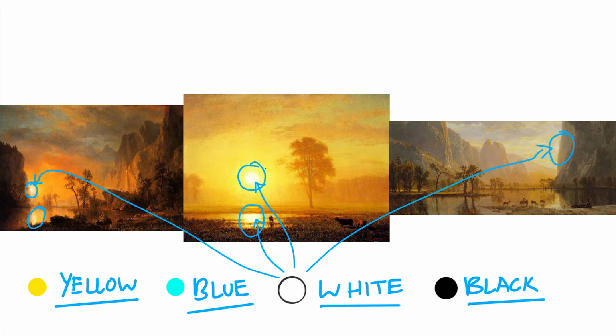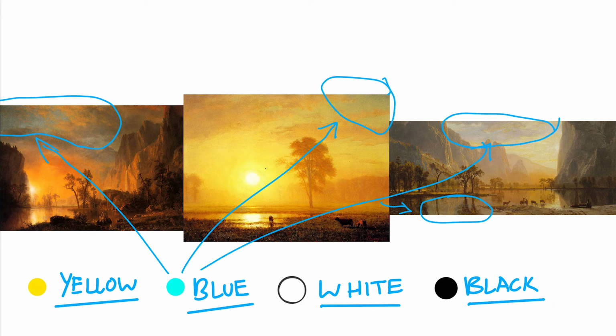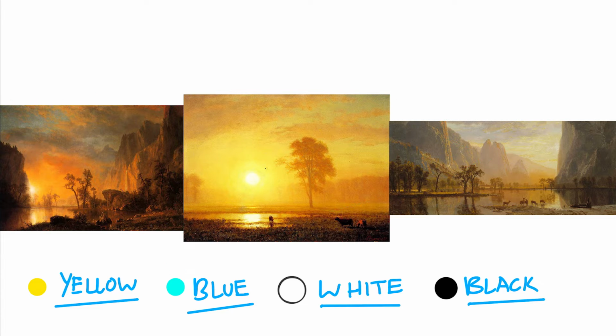White would be considered more of the brighter colors, and black would be considered more of the darker colors and the shadows in the painting. And the blue would be considered the cold colors in the painting. So it's not exactly how the colors are named. It's more of an expressional or general idea.